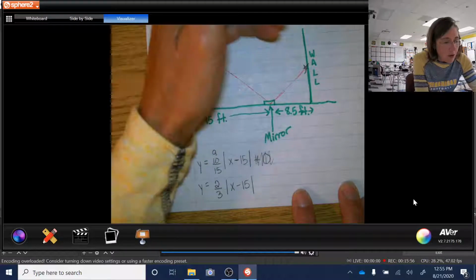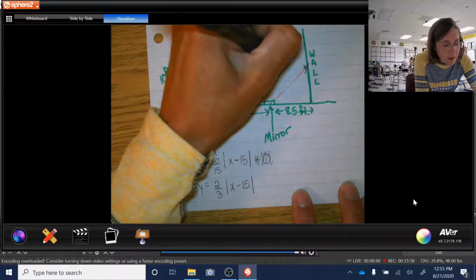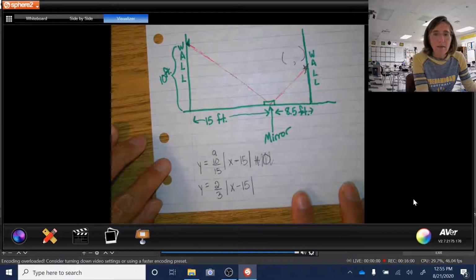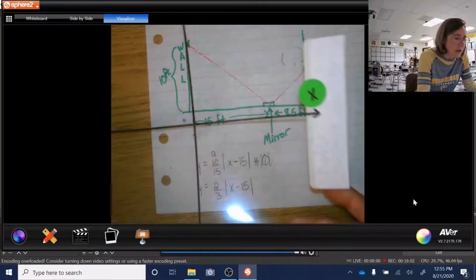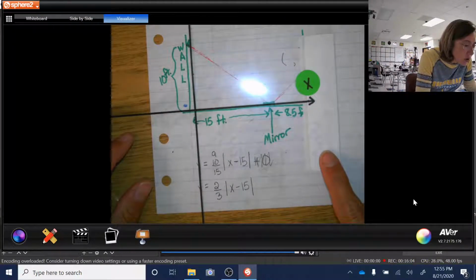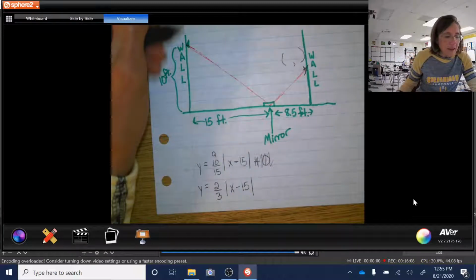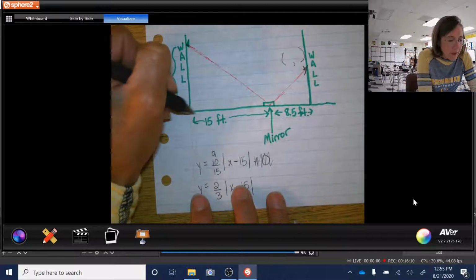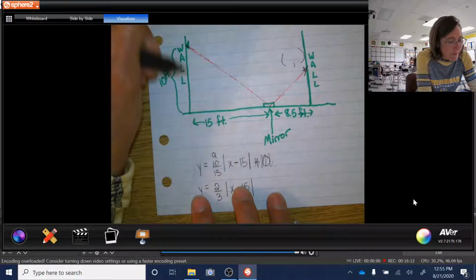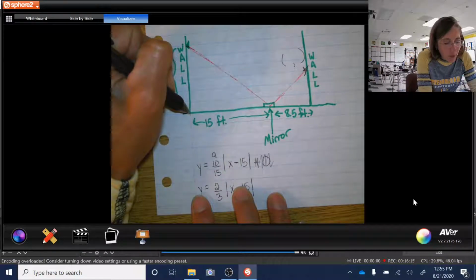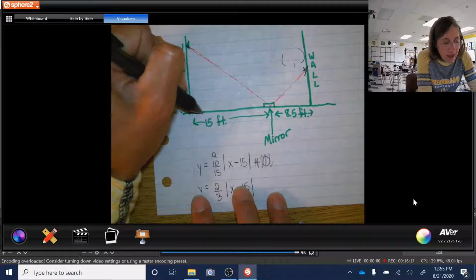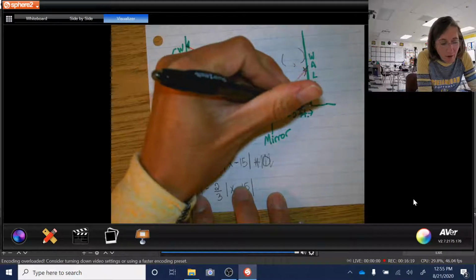Think like an ordered pair. In fact, let me lay this back on here so you can see it again. Oh, shoot, my sticker covers it up. Just remember, this is your y-axis, this is your x-axis. To get from this origin, how far over do I have to go?